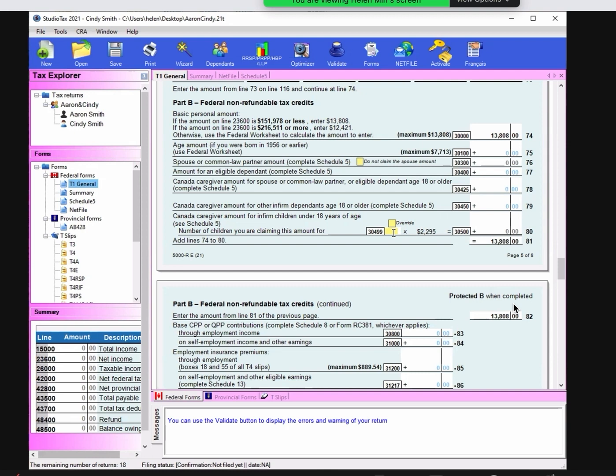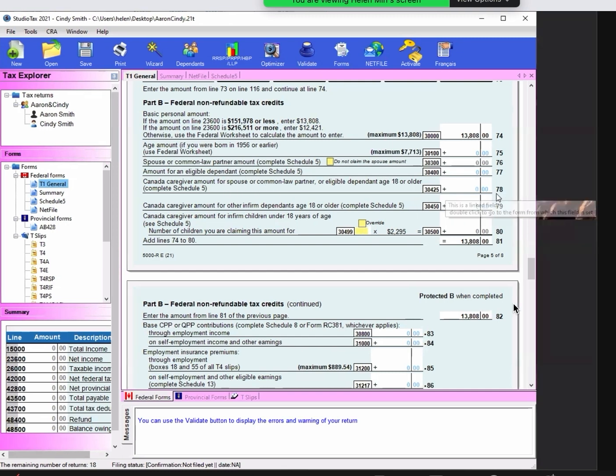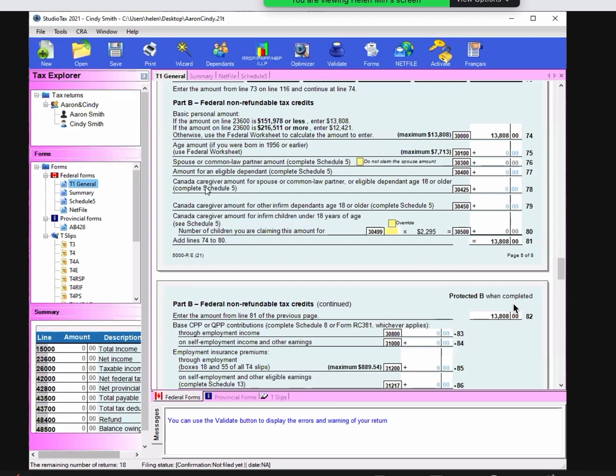Like I said, infirm and disabled are connected to the caregiver amount. So if the child is under 18, you put it here. Over 18, if it's a spouse or common law partner, it's on line 78. Line 78 is the caregiver amount for a spouse or common law partner or eligible dependent who is over 18.